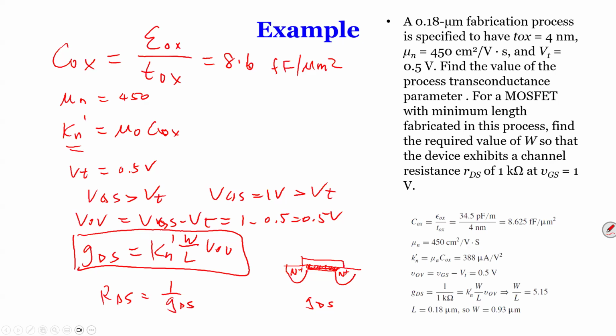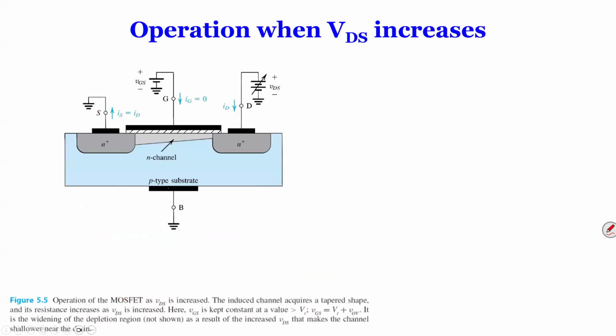Later on, we'll talk about it. VDS can be from 0 to whatever voltage. But if VDS is too small, it's in the triode region. And if VDS is big enough, it goes to the saturation region. That's the region that we want to use. How do you calculate VOV again? VOV is VGS minus VT.